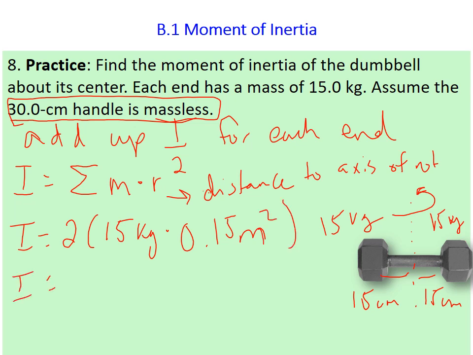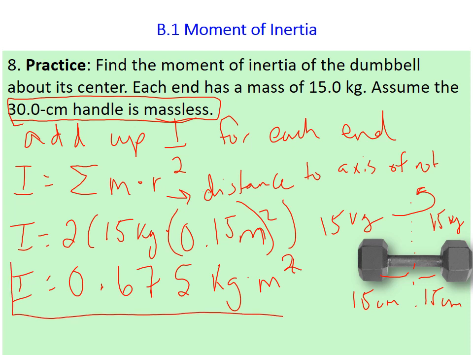We add this up and we get 0.675 kilogram meters squared. And please note, I squared everything in here. The 0.15 meters gets squared. So this is our answer, 0.675 kilogram meter squared.